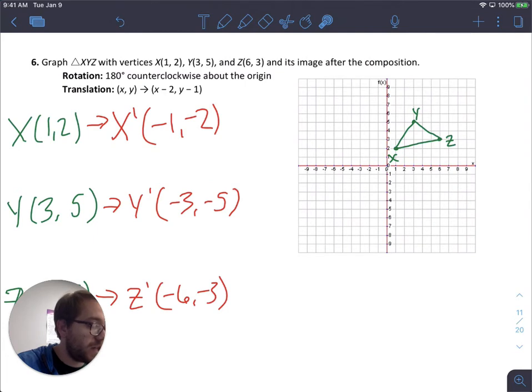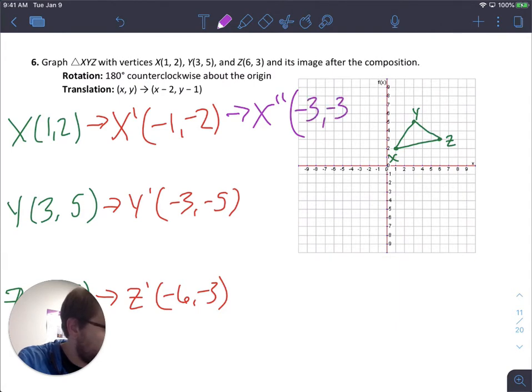So from each of the x values, I'm going to subtract 2, and from each of the y values, I'm going to subtract 1. So X double prime: -1 minus 2 is -3, -2 minus 1 is -3. Y double prime: -3 minus 2 is -5, -5 minus 1 is -6.